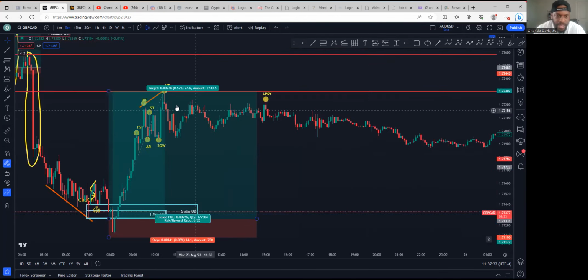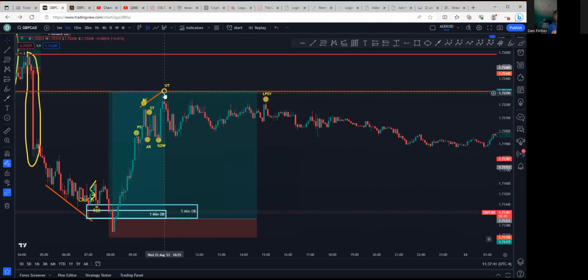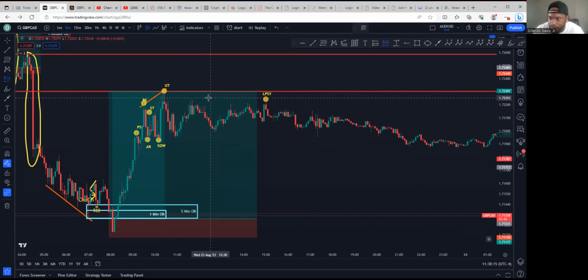So I already had the entry in like right here. Let me see where my actual is at. 172.31. So I had an entry at 172.231.